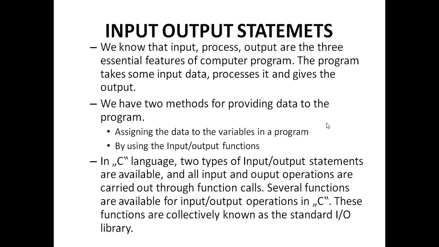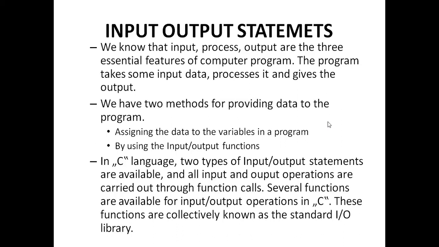See, in computer programming, the essential feature is that generally the program takes inputs, processes the inputs, and gives the output on the output screen. Here we have two methods for providing data to the program.